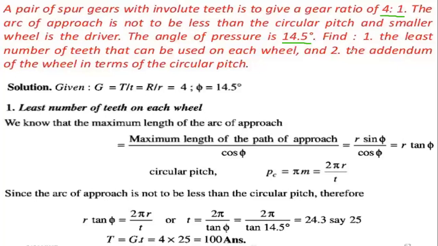Then find the least number of teeth that can be used on each wheel, and second, we need to find the addendum of the wheel in terms of circular pitch. So for both these sections we need to find two values, that is the number of teeth that can be used on each wheel, and the addendum of the wheel in terms of circular pitch.